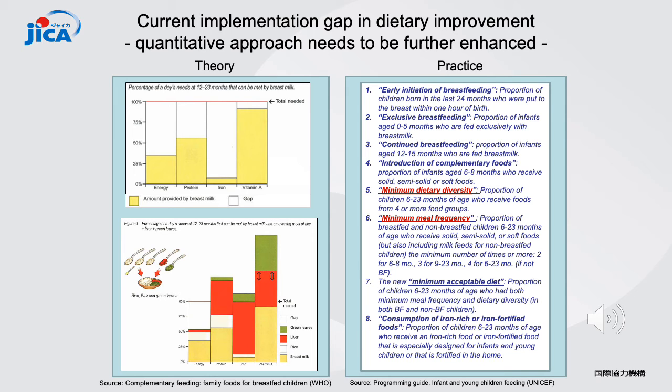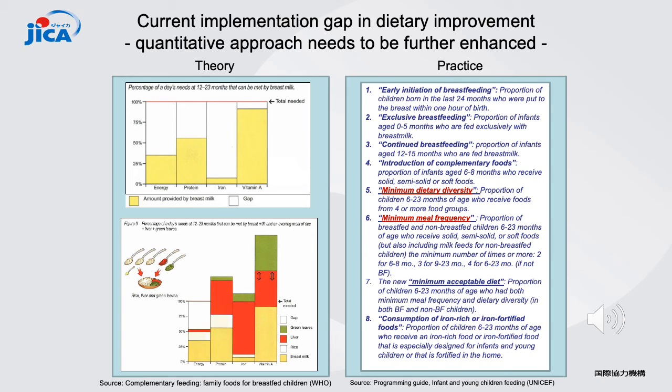It is called IYCF, Infant and Young Children Feeding. IYCF is composed by 8 indicators. Among them, two items is important in designing complementary feeding. Minimum dietary diversity and minimum meal frequency.